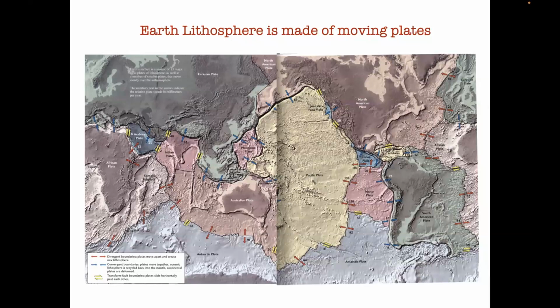And the numbers next to the arrows are the speed, or velocity, of the plates, given in millimeters per year. So this is how in the globe we could see different plate boundaries.